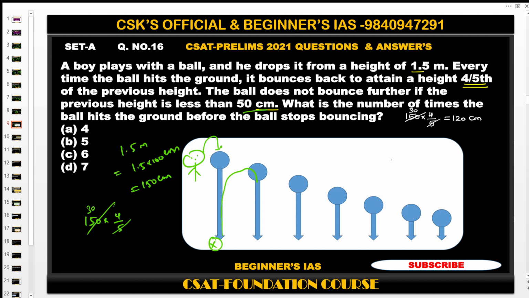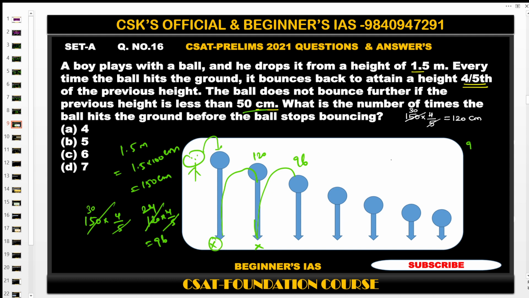Since it is 120 now, 120 times 4/5, cancel the 5, 24 times 4, that is 96. 96 is greater than 50, so it hits here and bounces back.